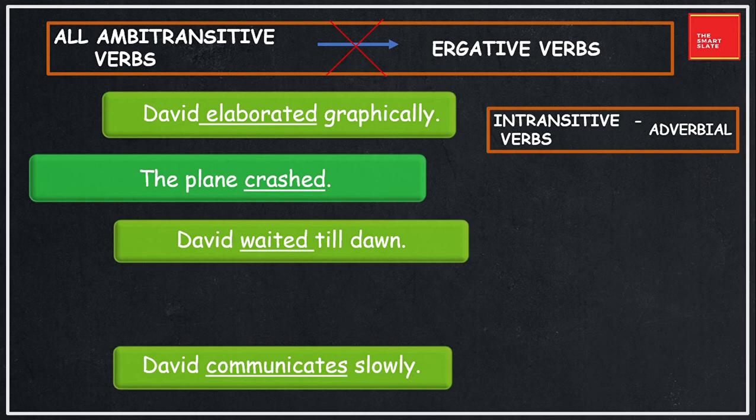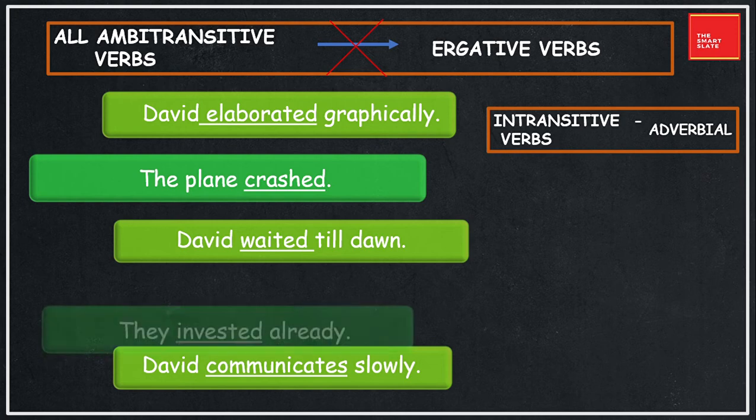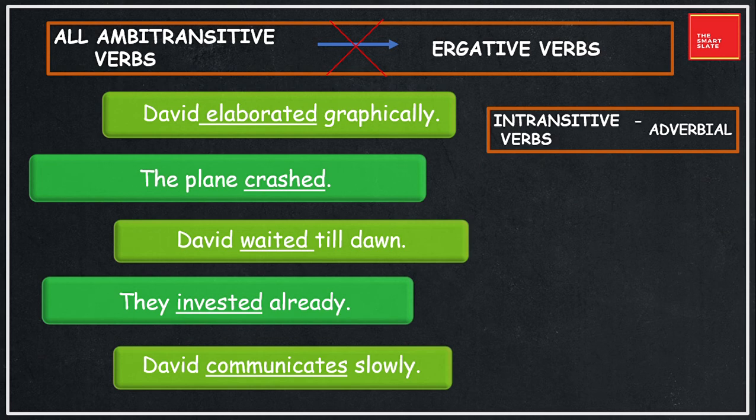But if I look at the sentence, the plane crashed, there's no adverb, but still it is a sentence. Is it an ergative verb? They invested already. There's no object. So when you do not have an object, the verbs are ambitransitive verbs.